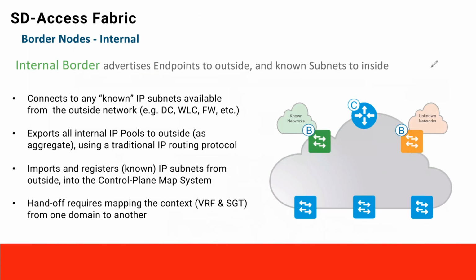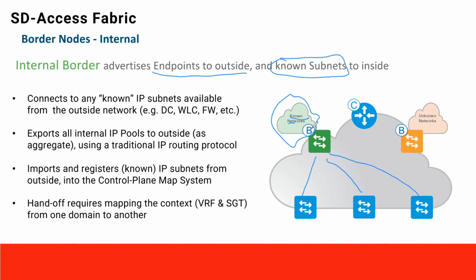Internal border advertises the endpoints to the outside, but not the unknown subnets, advertising this information to the data center or to another site or anything which is in the known network. Examples can be data center, wireless controller, internal firewall. Now it exports all internal IP pools to outside using a traditional IP routing protocol because the fabric ends here.